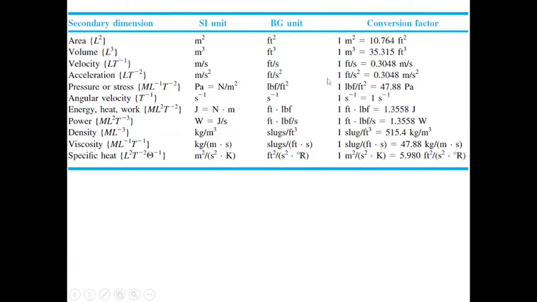Ayan, dapat nyong tandaan yan. Acceleration, meter per second squared, feet per second squared, no? Okay? Tapos ito yung mga corresponding conversion factor, no? So, I will not discuss this in detail. Pag nag-solve tayo ng problem, ma-apply natin yan, yung mga conversion na yan.